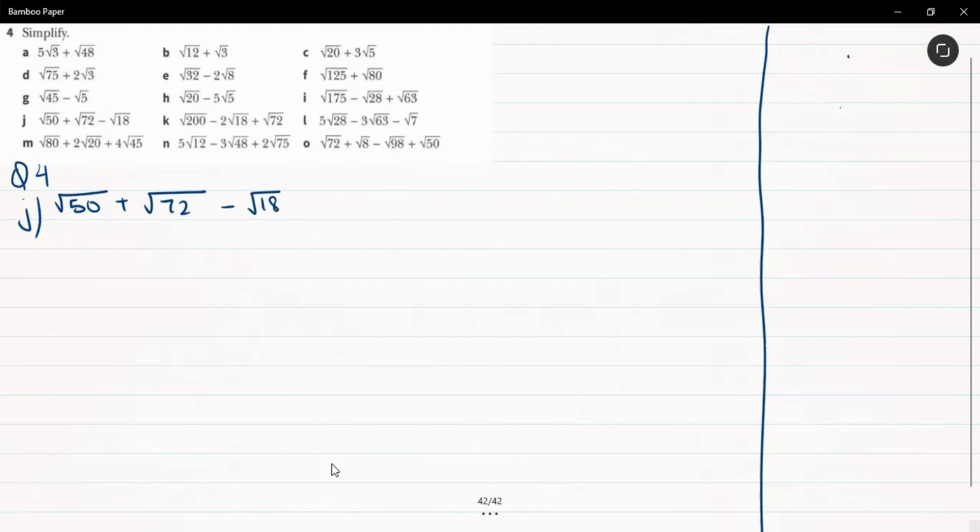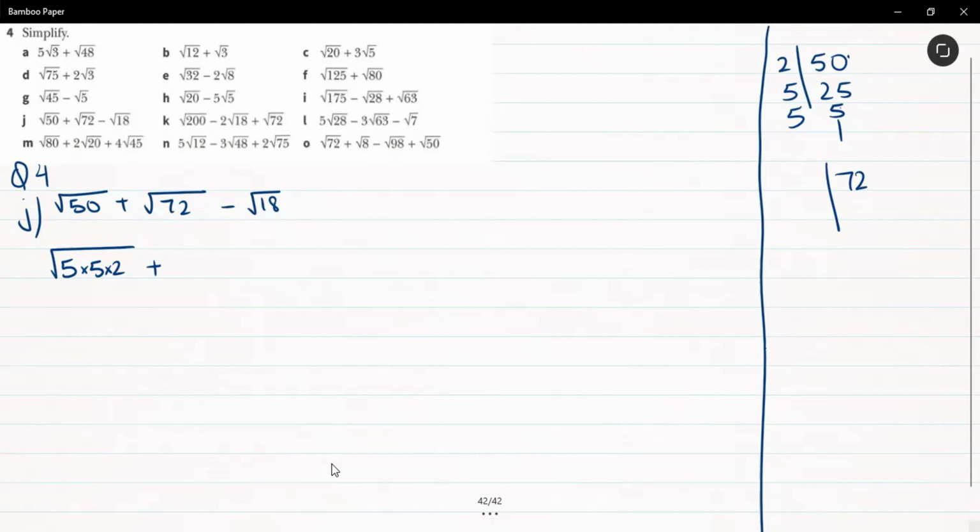Now again, as we did before, we take out the factors of each and every individual term. So we've got the √50, which equals 5 × 5 × 2 trapped in a square root. Plus what is 72? I think we found 72 in the previous one.